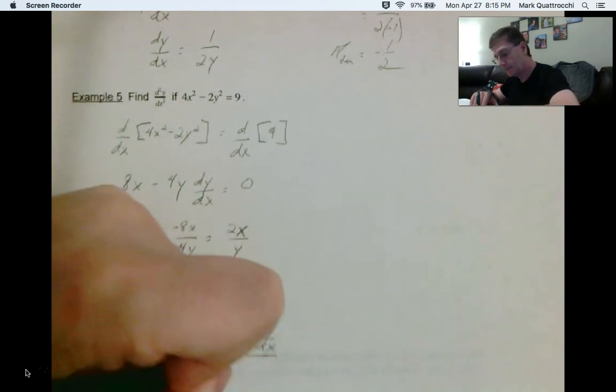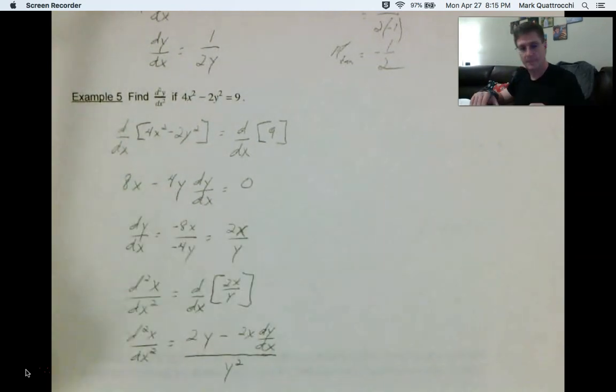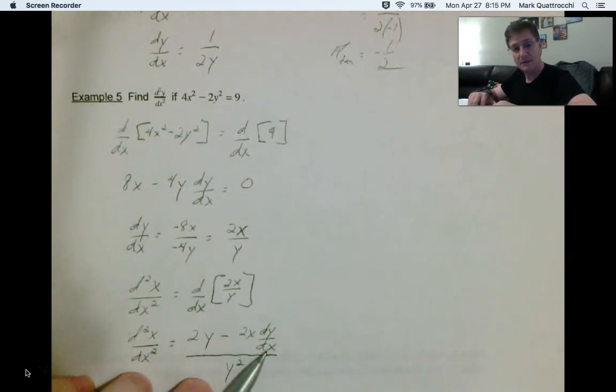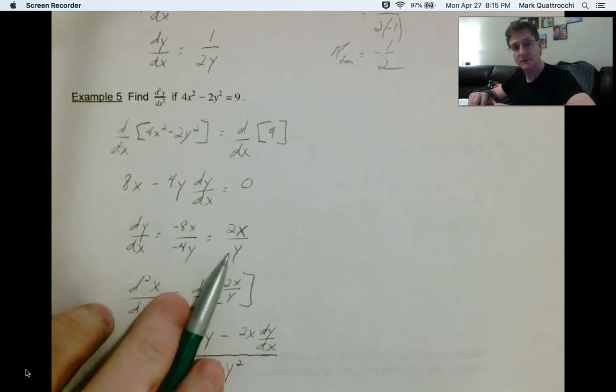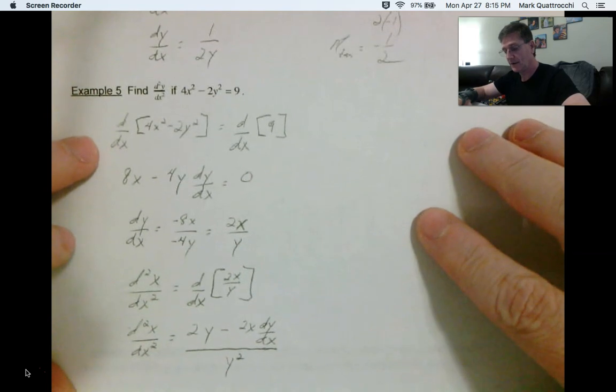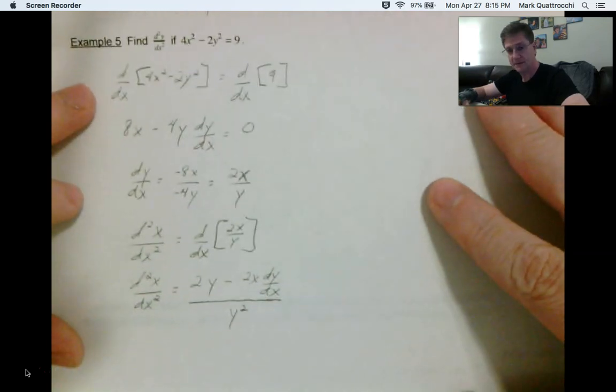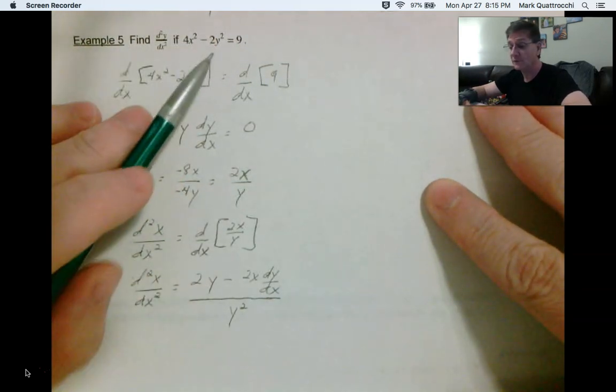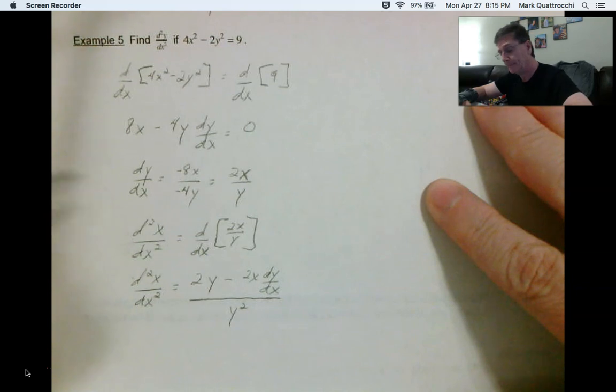the bottom squared. Now you might think that we're done, and we're pretty darn close, but I know what dy/dx is. I just solved, dy/dx is 2x over y. So I now can put in the dy/dx. I can't replace the y's. It was too complicated. There is a way to solve for the y, but it's going to have radicals in it.